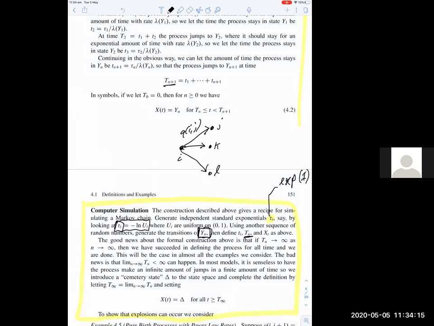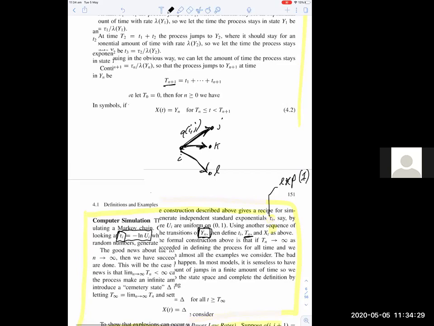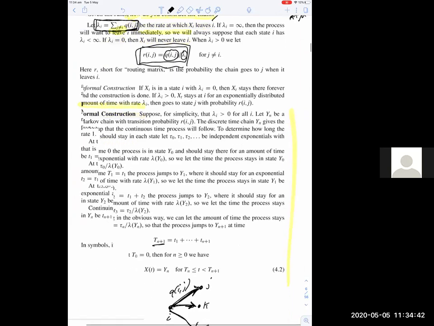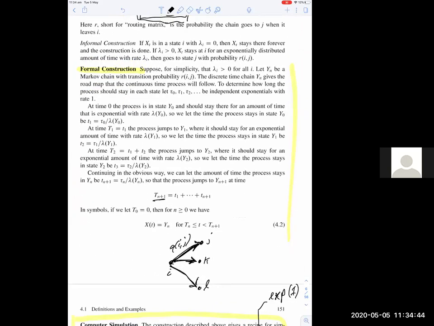You have an exponential random variable taking you to each, and where you make a transition is based on who won. The probability of the winner winning is exactly this Rij.